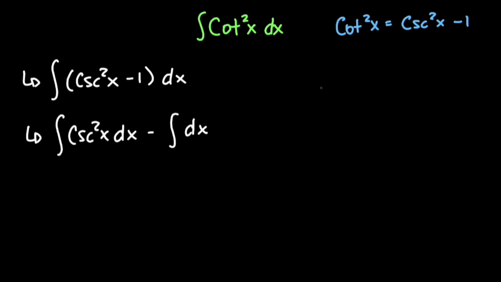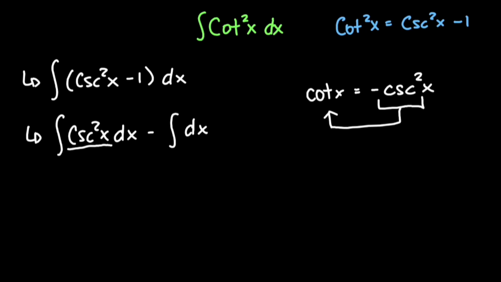Keep in mind that the derivative of cotangent of x is equal to negative cosecant squared of x. But since what we have here is a positive cosecant squared of x, the integral of cosecant squared x is simply negative cotangent x, and take the integral of dx, which is x plus c.